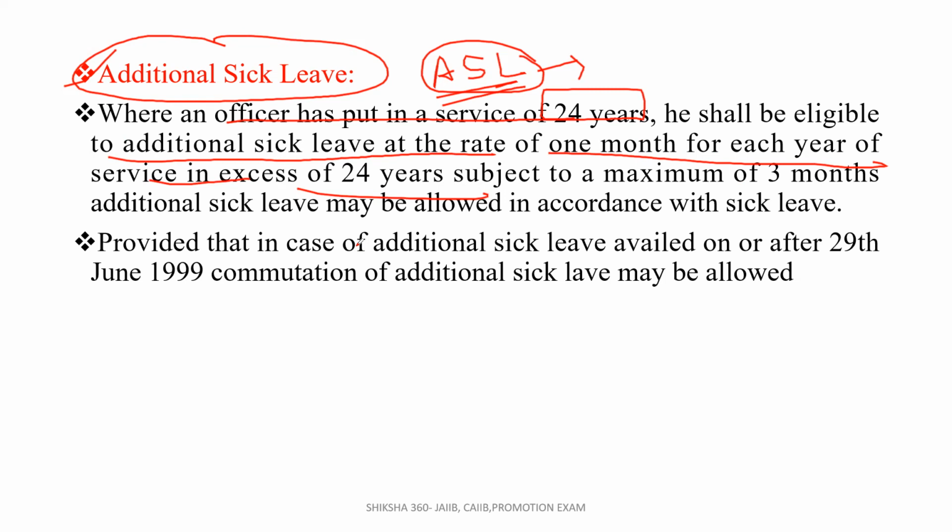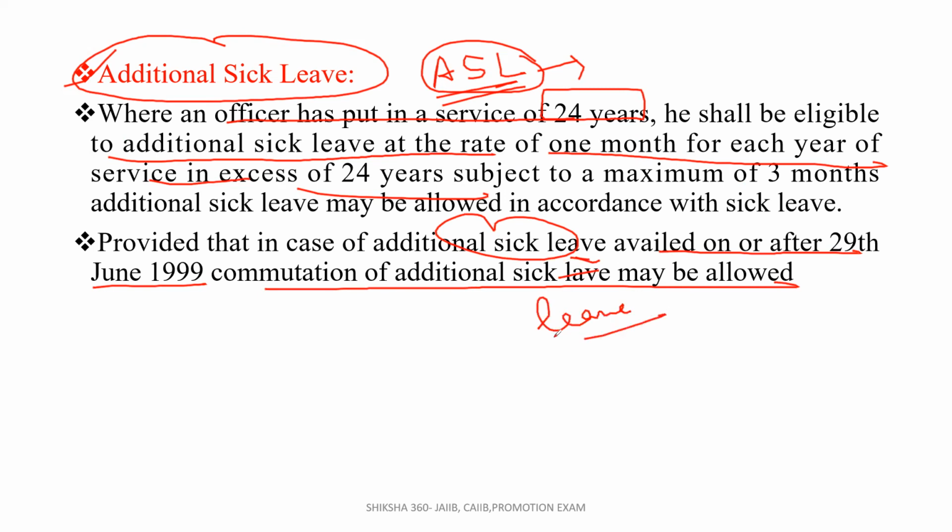That is 30 days for each year, subject to a maximum of 3 months additional leave, which may be allowed in accordance with the sick leave rules. Provided that in case of additional sick leave availed on or after 29th June 1999, commutation of additional sick leave may be allowed. Clear? Commutation of additional sick leave may be allowed.